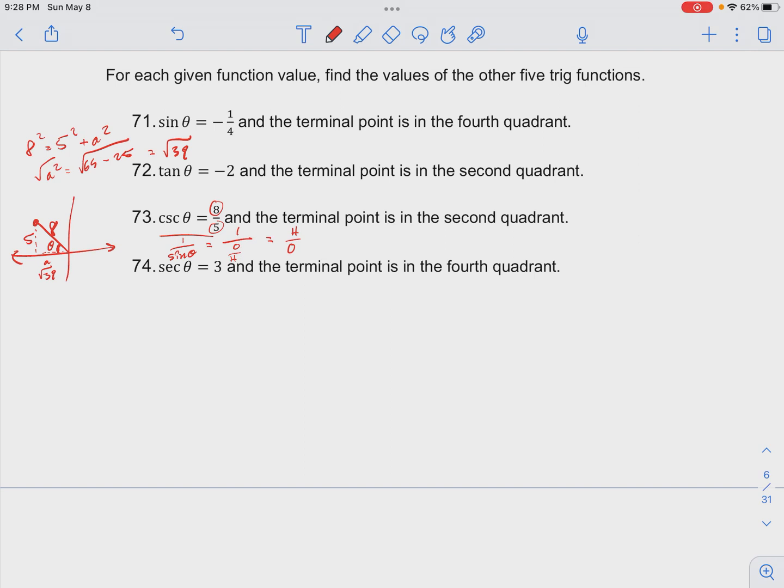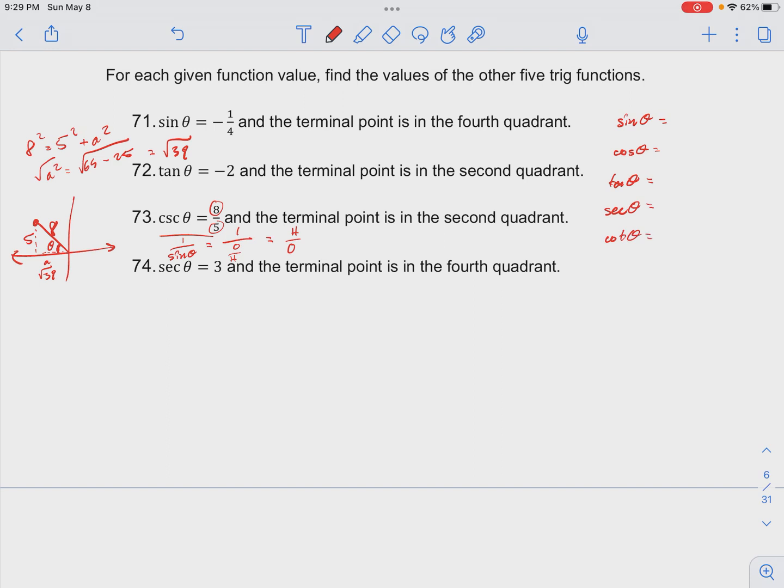So now we can find our values for the 5 trig functions. So sine of theta, cosine theta, tangent of theta. Then we have cosecant of theta is given, so we have secant of theta and cotangent of theta.